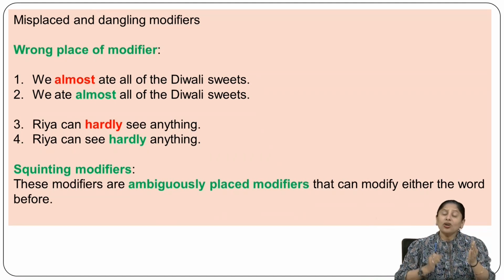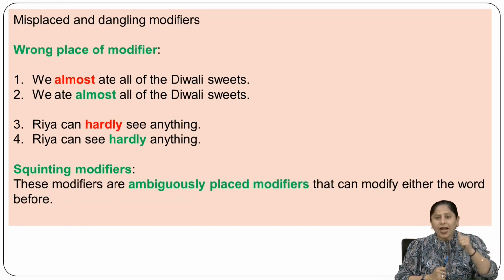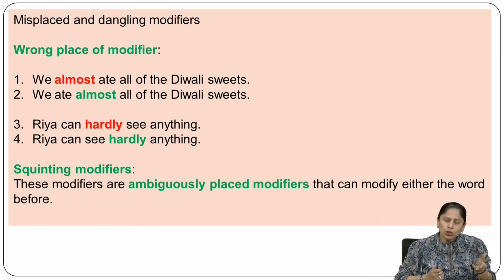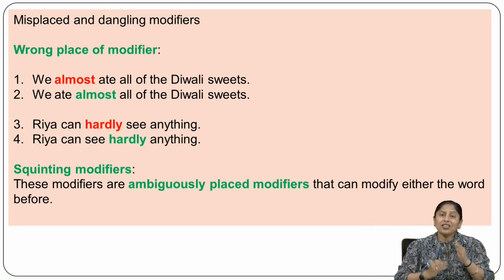We ate almost all the Diwali sweets. So the verb comes before the modifier because it is an adverbial modifier, and you know that adverbs are generally adding something to verbs, and they generally prefer to come in the place of time, place and manner, and they are mostly coming at the end of the sentences, or sometimes these adverbs may come after the verb.